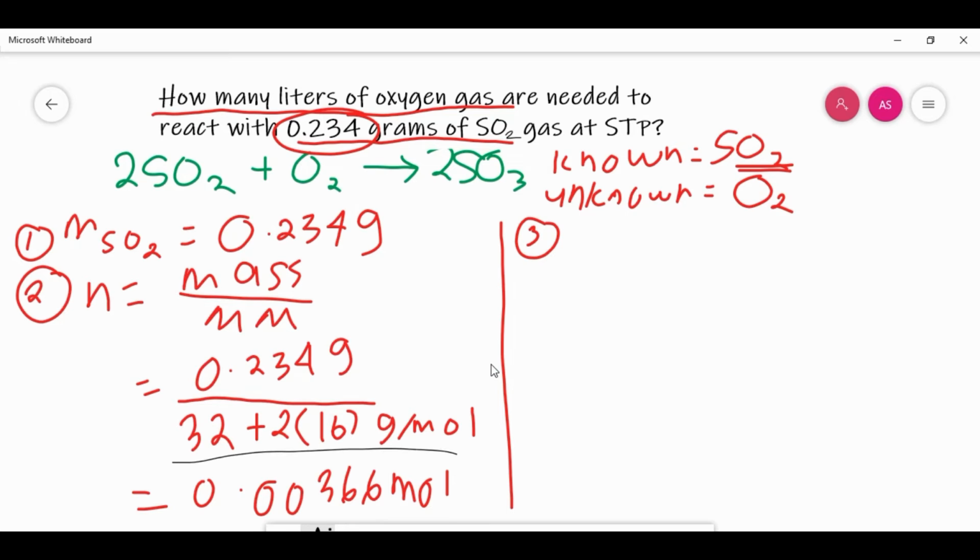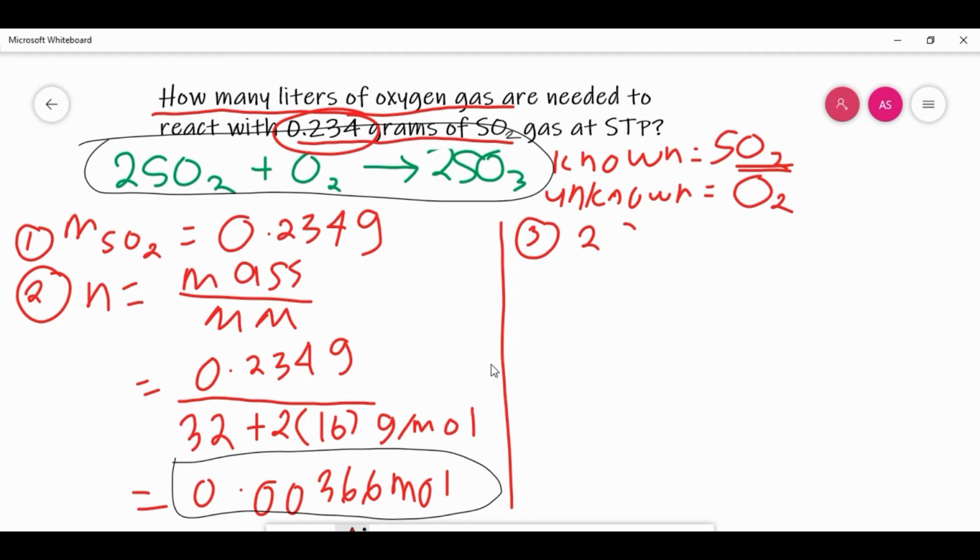Yang ni you have to compare these two. So, daripada the chemical equation ni, we know that kita ada 2 SO2. Betul? Mana datang 2 ni cikgu? Ni 2 dekat depan SO2 ni. Ratio dia adalah 1:2. Mana datang 1 cikgu? Ni depan ni 1. Dekat O2 tu.